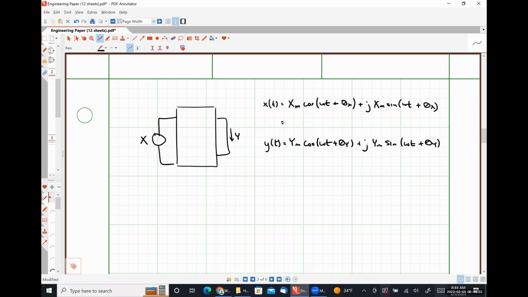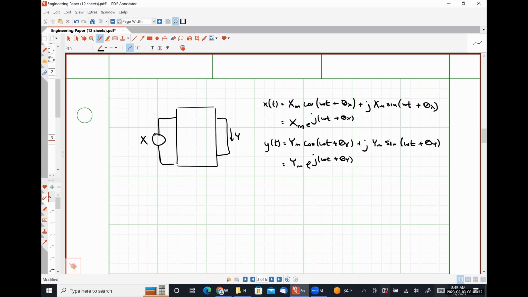So Xm cosine omega t plus theta x plus j Xm sine omega t plus theta x is nothing more than the complex number Xm e to the j omega t plus theta x, and this y of t in complex form is going to be nothing more than Ym e to the j omega t plus theta y.